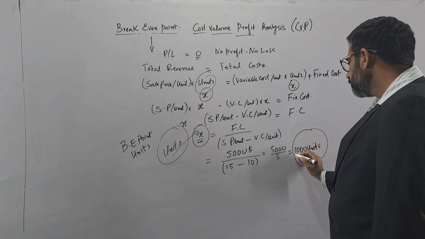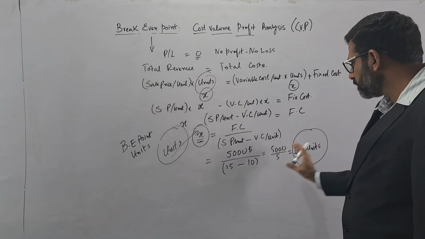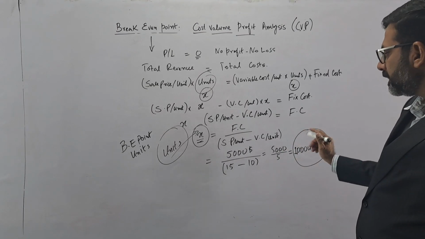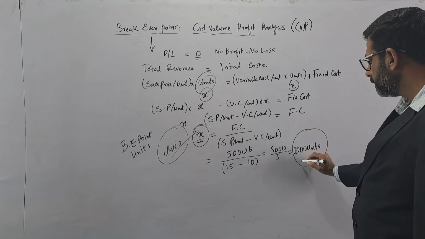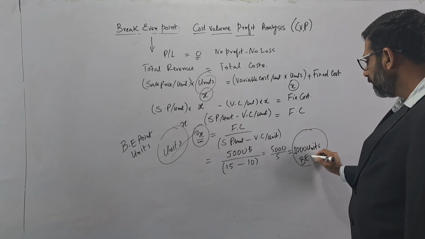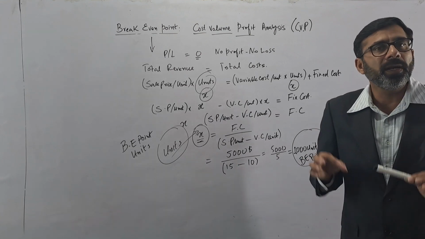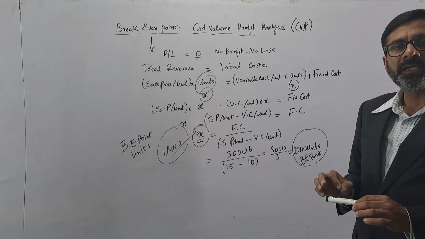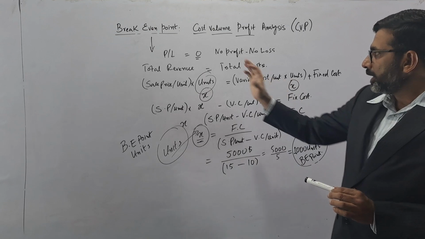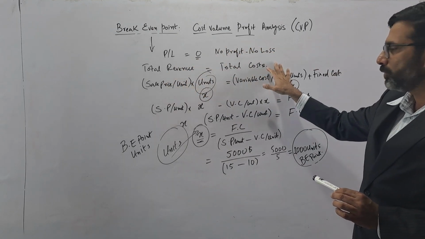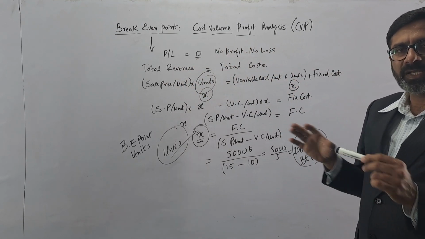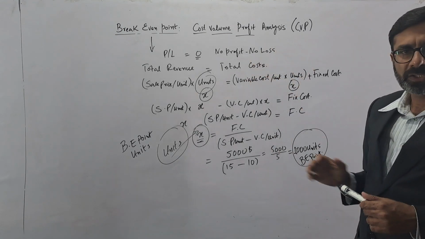So what is the meaning of the 1,000 units here? The 1,000 units is the break-even point. So the break-even point in simple words is where the total revenue of the business is equal to the total cost of the business, where the business is in a no profit, no loss situation.